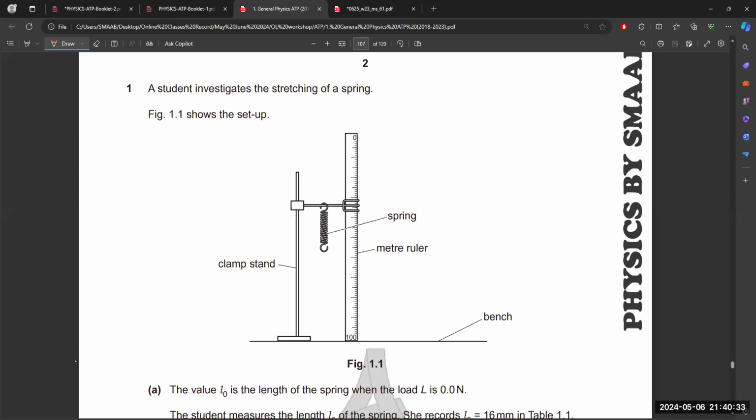In light you have to draw by yourself, measure angles by yourself, and record readings by yourself. So the light section is slightly difficult compared to the other topics.